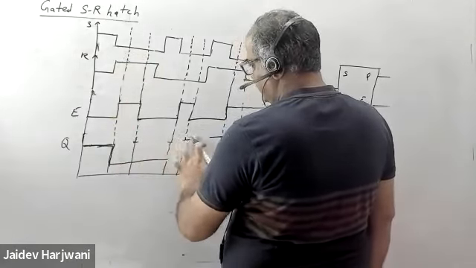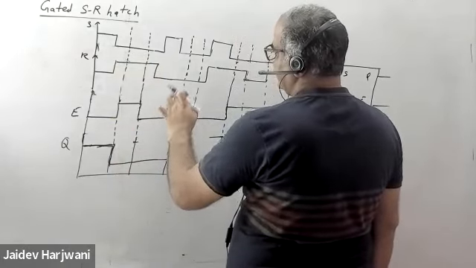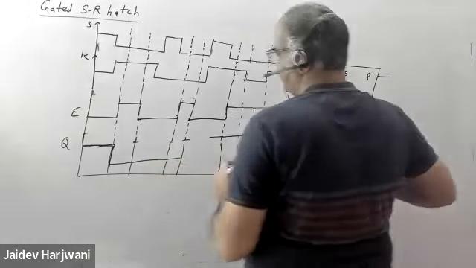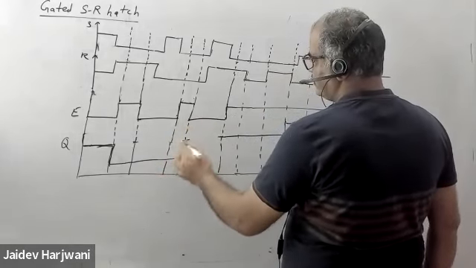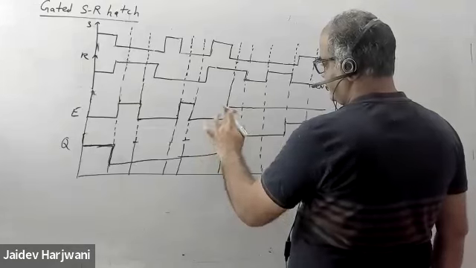Now here again the enable becomes active, and you have 0 0, a no change condition. Here again this is 0, so no change, it will go 0 0, and here it becomes active.